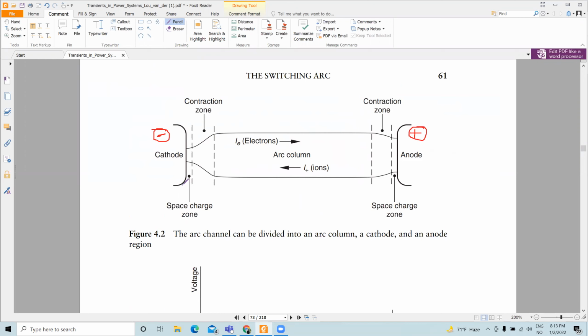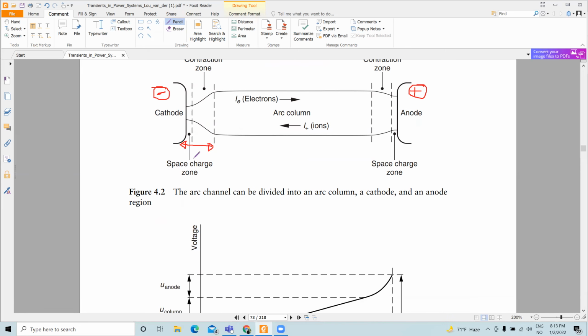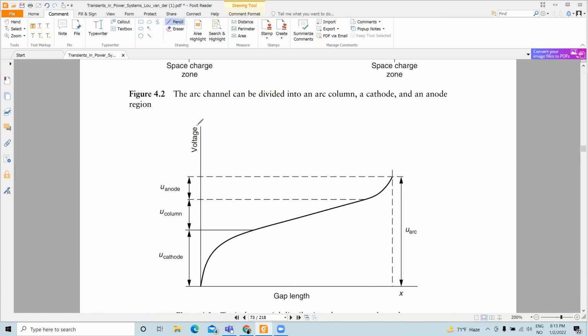In the first stage, there is a very small distance connected with the cathode, called the cathode voltage drop region. That means this particular area will have a fixed amount of voltage, as you can see, in the y-axis it has voltage, and in the x-axis this is the gap length.